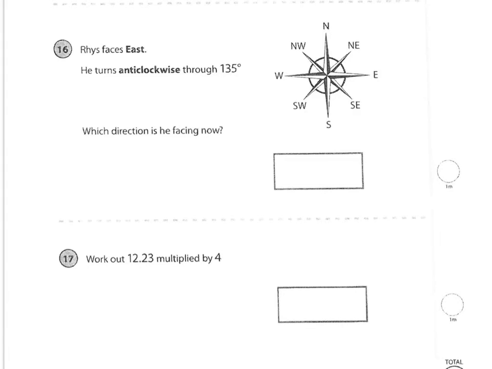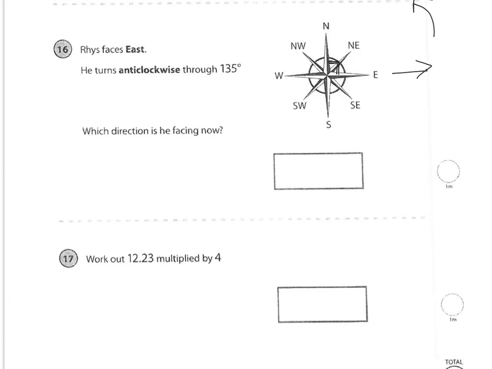Reese faces east, so that's the direction indicated by the arrow. He turns anti-clockwise, which means he's going to go to the left, through 135 degrees. Which direction is he now facing? So what we really need to appreciate here is that we have 90-degree angles in the compass between, for example, north and east, and then north-northeast would be 45 degrees.